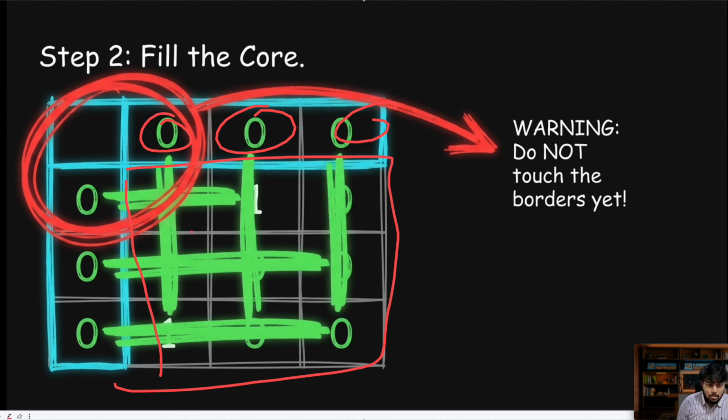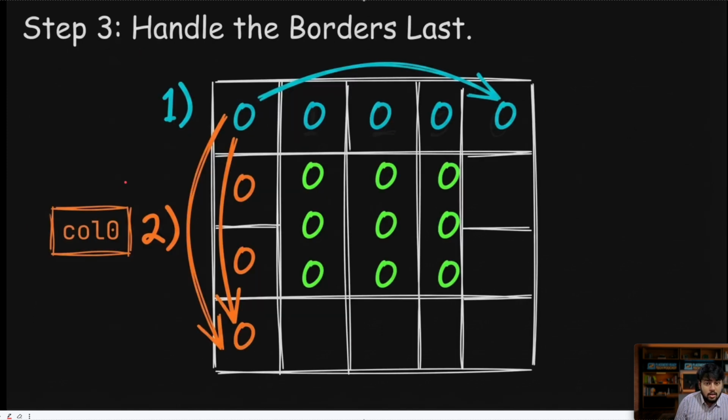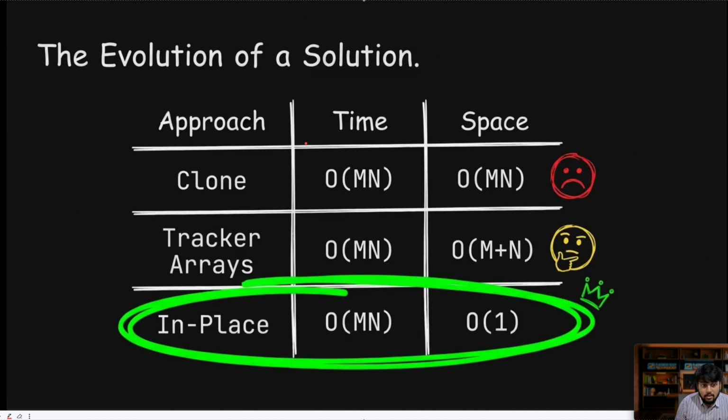Why do we have to do that? Because we are doing it in place, we have to touch them last, because if we have -1 anywhere, we can lose it. We have to keep track of that -1. That's why we are touching it last, and at the end we are marking all zeros. The same thing, handle the border last.